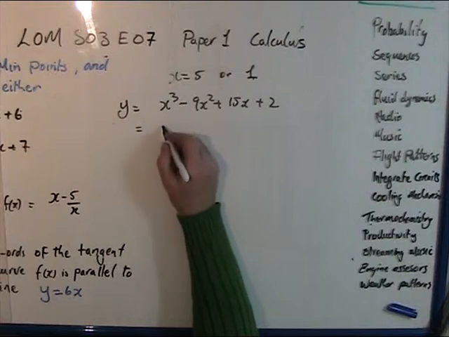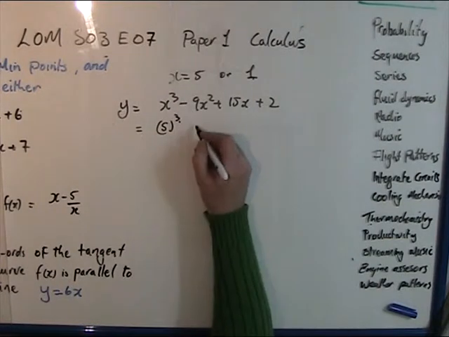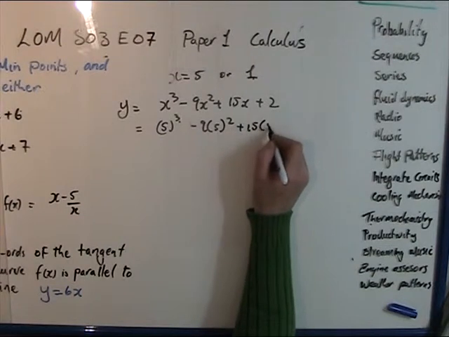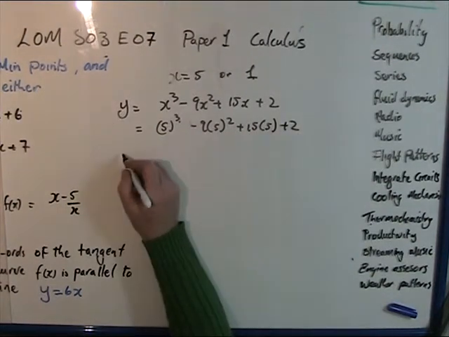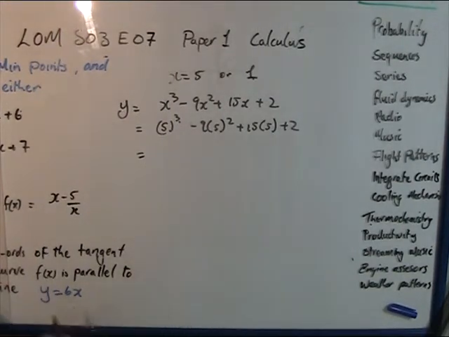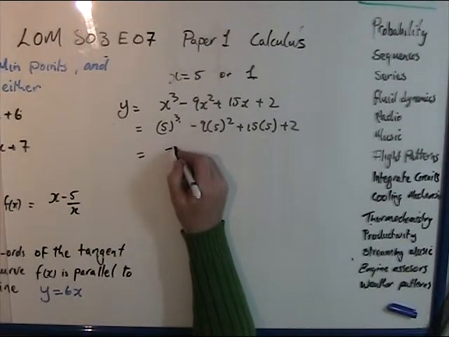I put in my 5 value: 5 cubed minus 9 times 5 squared plus 15 times 5 plus 2. When I determine all this, it becomes minus 23.